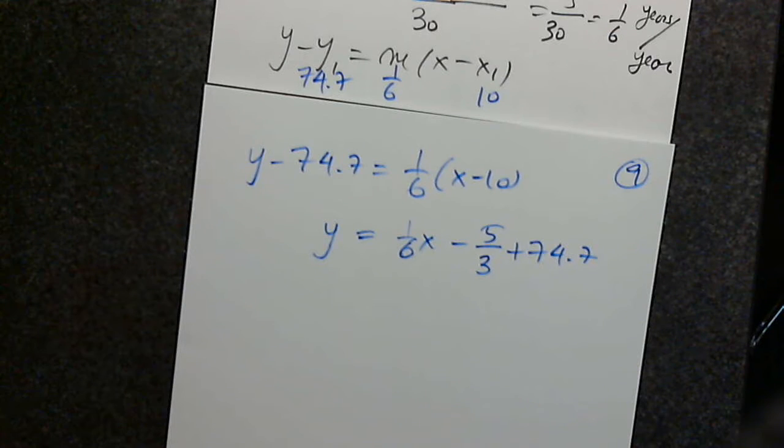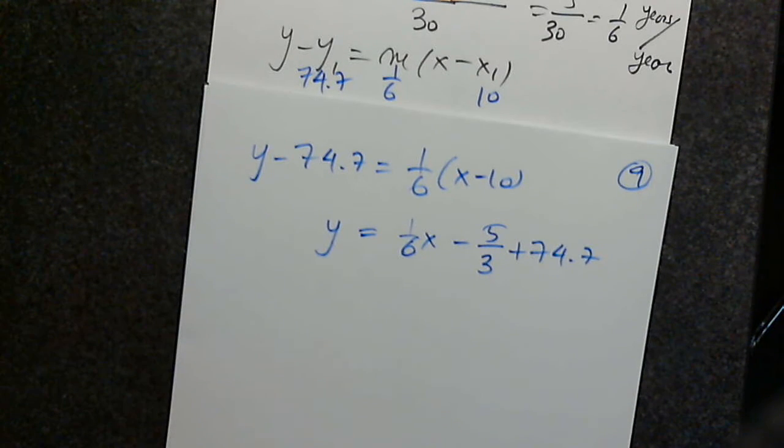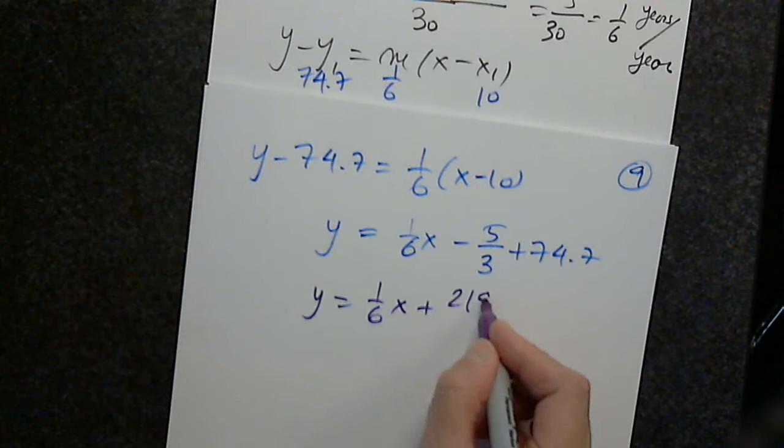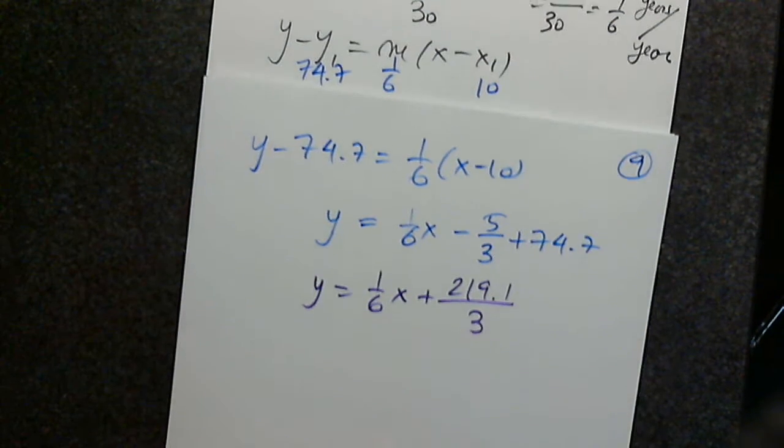So 74.7, right? Multiplied by 3, and then I subtract 5 from it. And I will keep it as is. I have 219.10. So y equals 1/6 x plus 219.10 divided by 3.